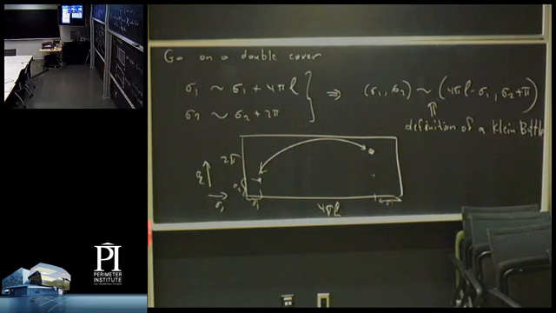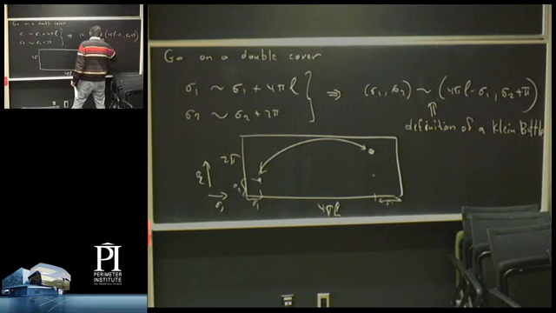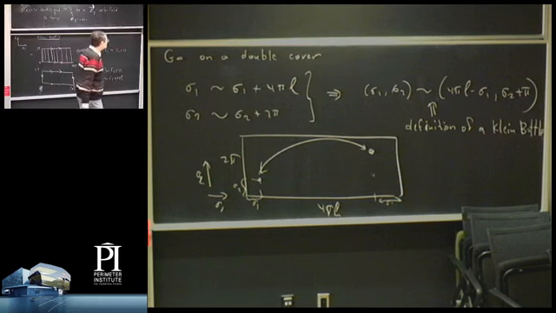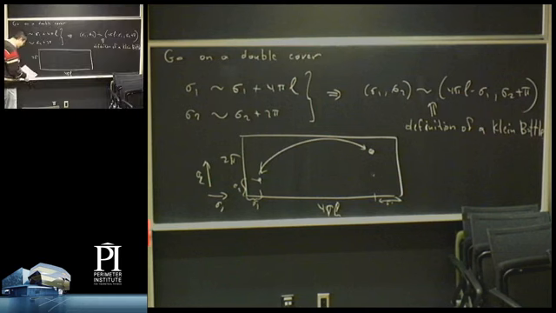But for now, we can think of this as just a definition of a Klein bottle. So we went on a double cover, and I specified how I identify the points. Good. So is it clear? Is it clear what I mean by identification?